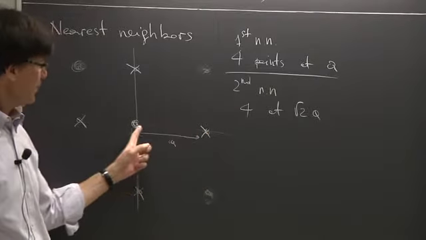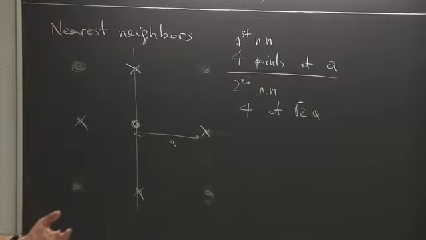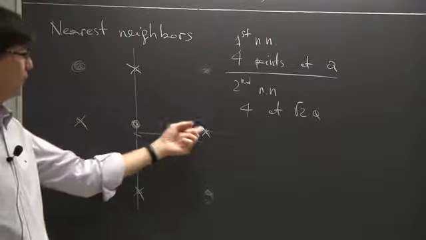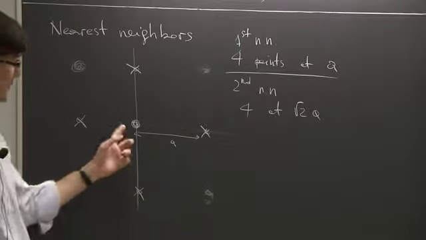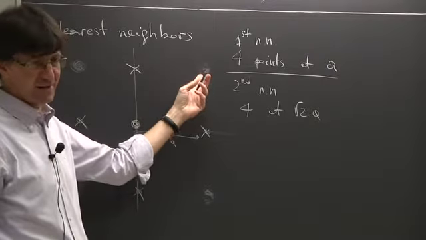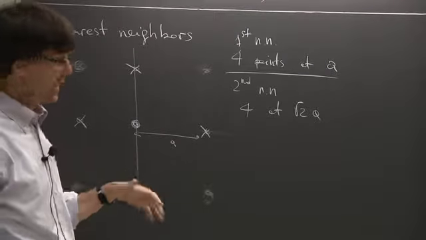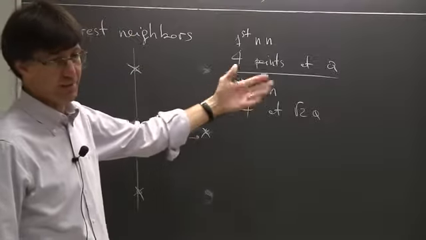So if I want to determine the overlap or the interaction between the electronic states of these two atoms, it is important for me to know that this charge density is going to overlap primarily with a given set of nearest neighbors, the 4 nearest neighbors, and to a lesser extent also with the charge density of the second nearest neighbors, and to an even lesser extent with the charge density of the atoms that are far apart.